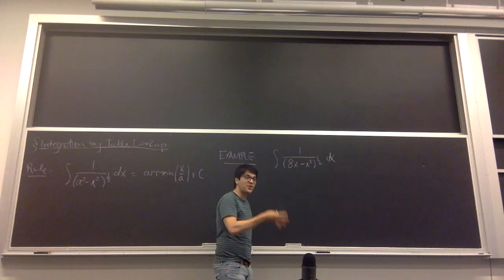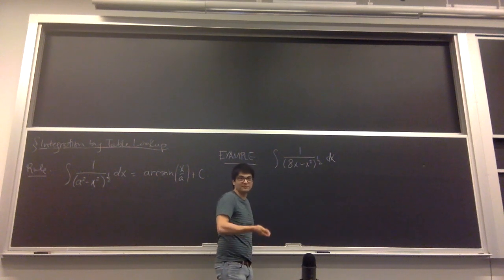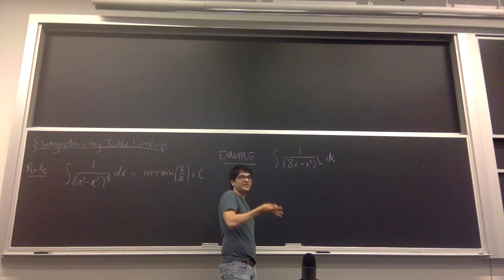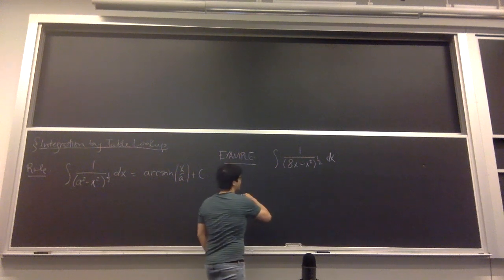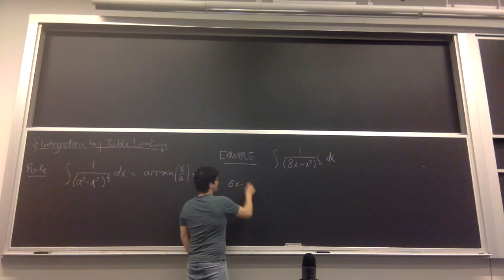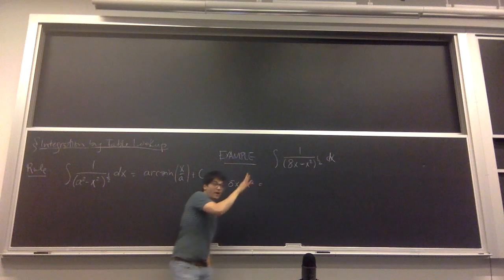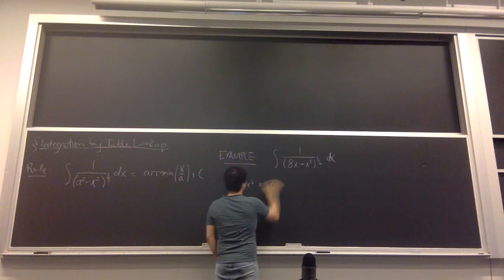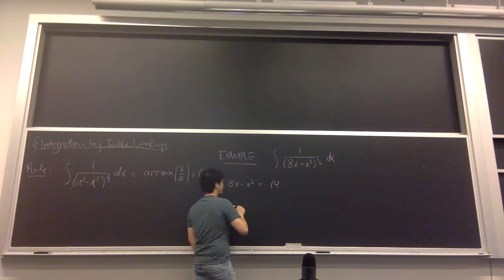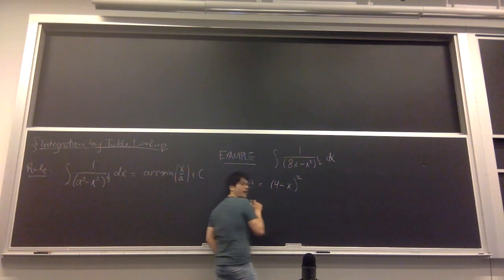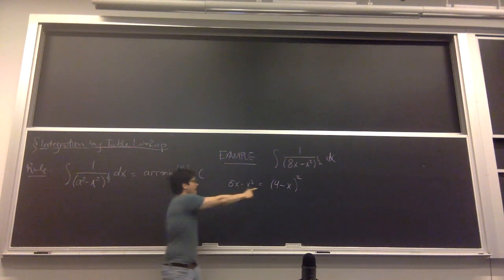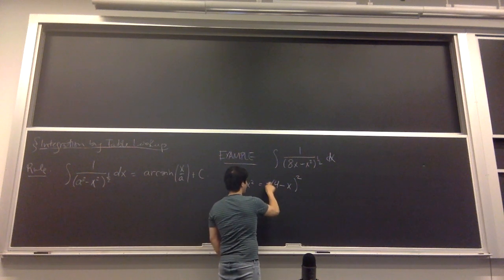You are expected to know the math that you've been taught up to this point. Period. Everyone wants to keep forgetting trig, but we keep coming back to it. Okay, so let's just look at 8x minus x squared. I want this to be a square. There's an 8, its half is 4. So this is going to get me close. You're going to get a minus x squared and a minus 8x.